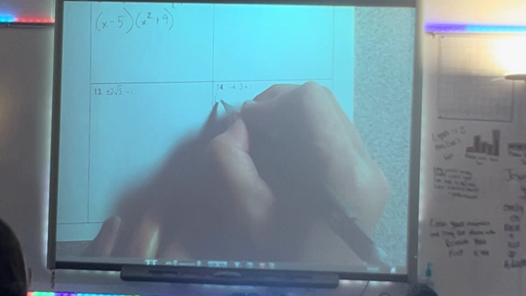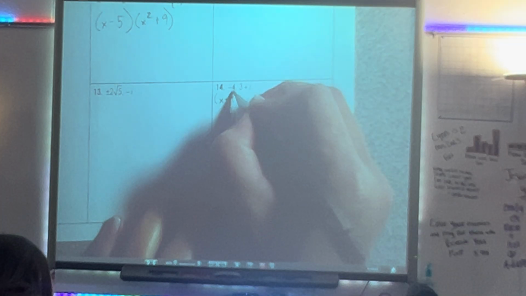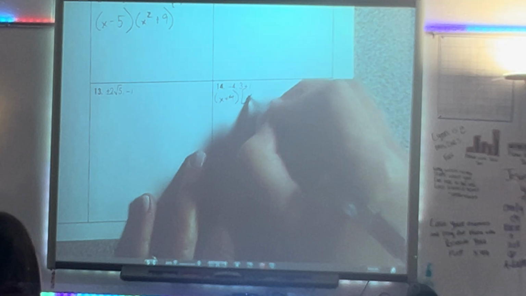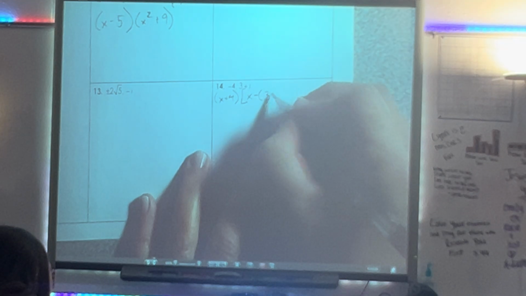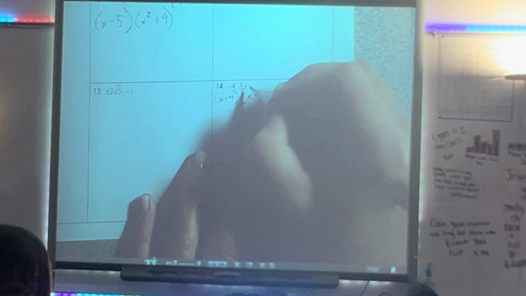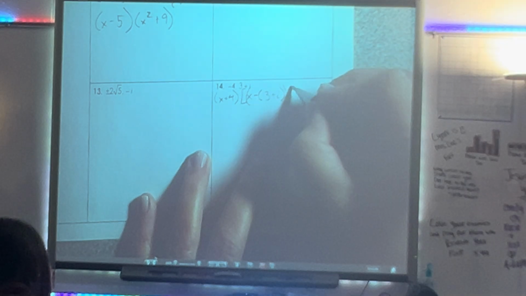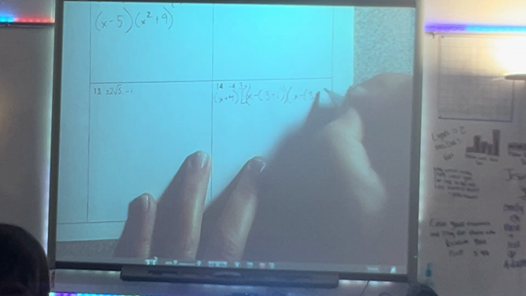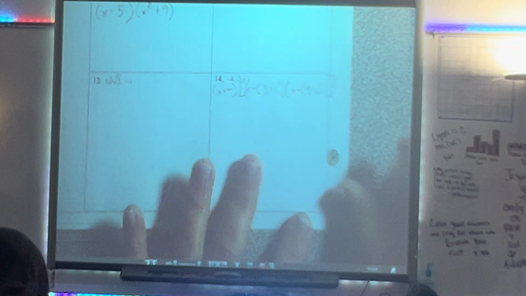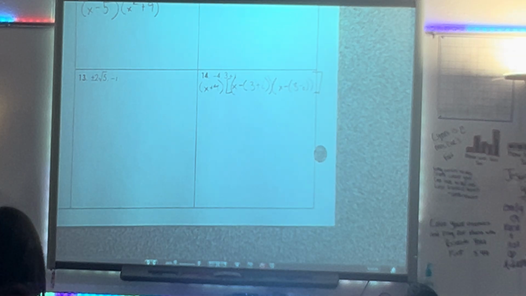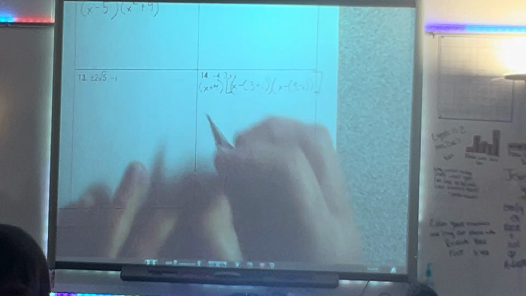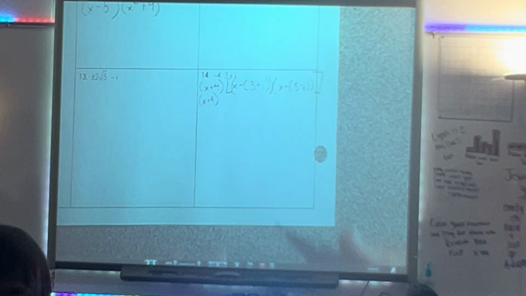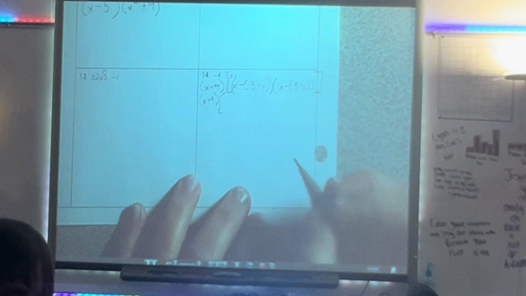So I'm going to have x plus 4, and then this one is going to be x minus 3 plus i, and then x minus 3 minus i. So the situation is going to be a whole lot like that one on the other side. So x plus 4 I'm leaving, and then I'm going to start working this out.